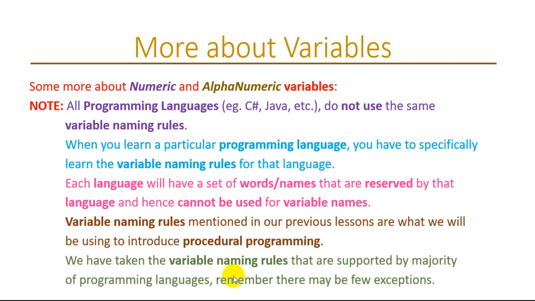So we have taken variable naming rules that are supported by the majority of programming languages. Remember, there may be a few exceptions to what we have explained as the naming rules. For these lessons, you have to follow our rules, and in our rules, we are not going to keep any reserved words. But just remember, when you are actually going into a programming language, there will be reserved words which you cannot use as variable names.